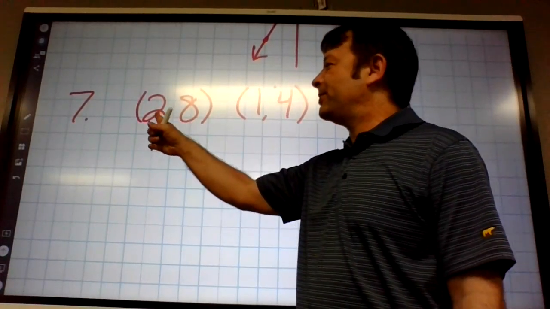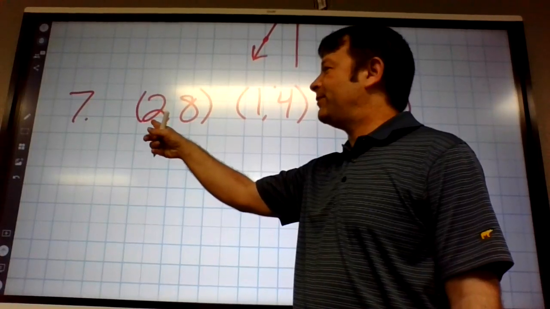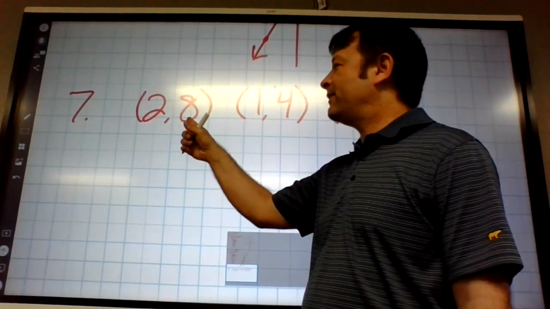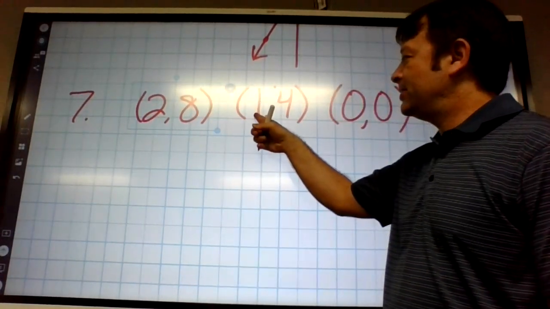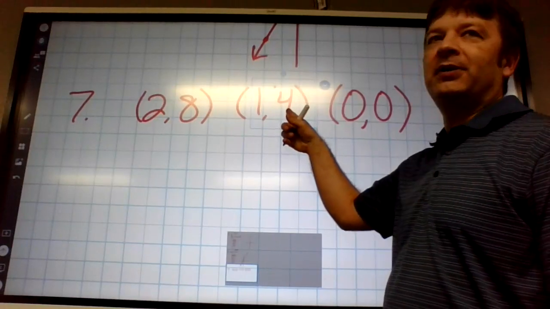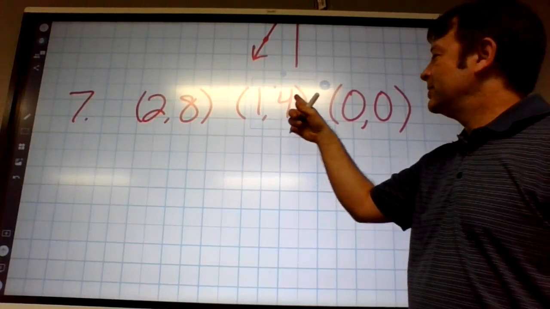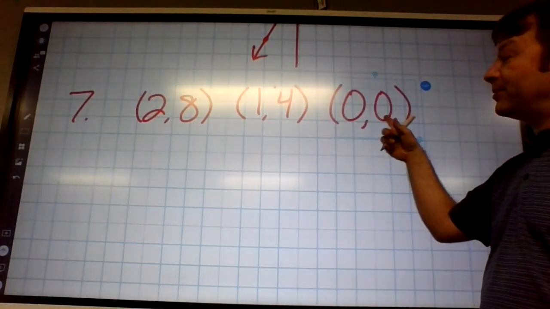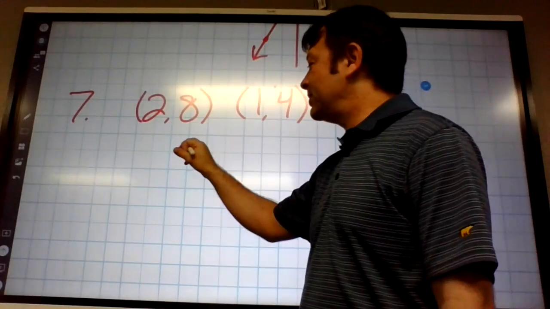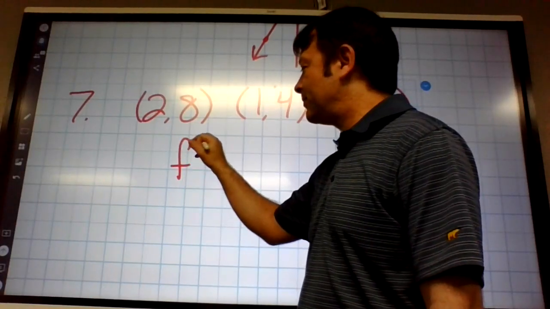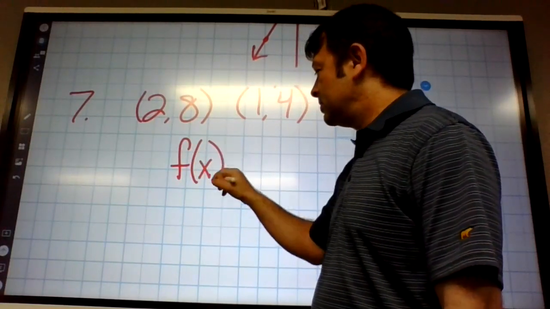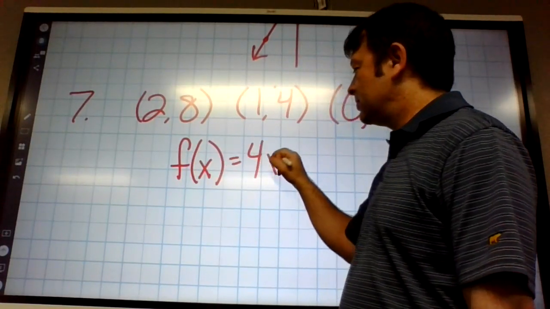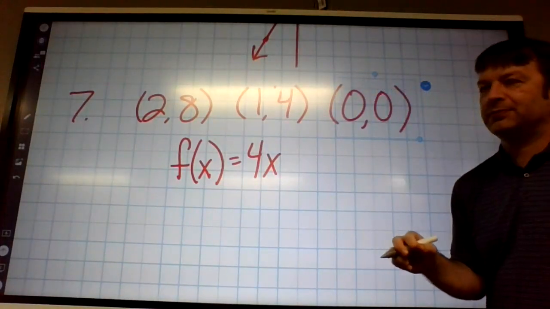To figure out what the function is, we have to figure out how they're getting from the x value to the y value. We have to figure out the pattern. How do you get from this x value to this y value? Times 4. And 0 times 4 is still 0, right? So how do we write a function that multiplies the x value by 4? f of x equals 4x.